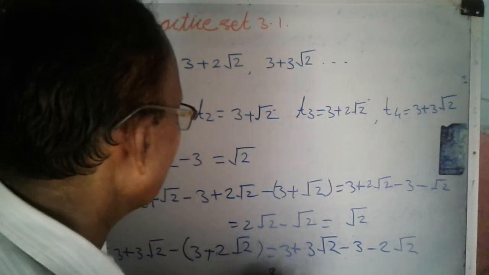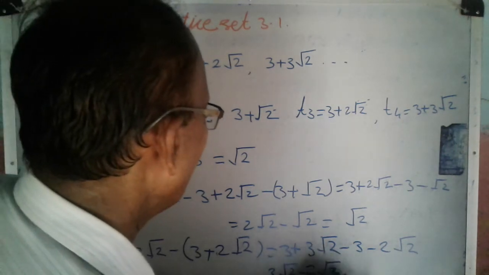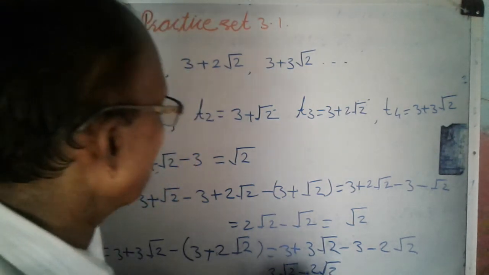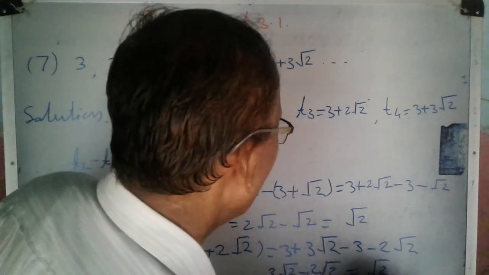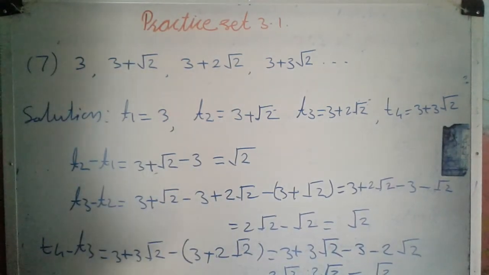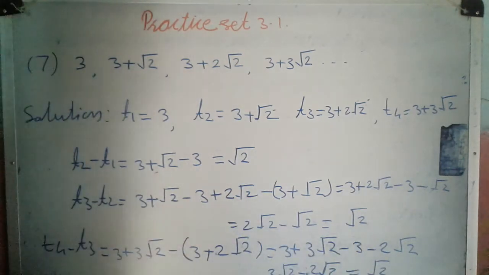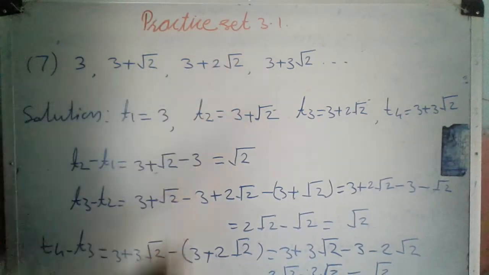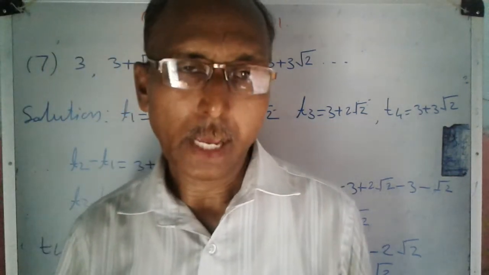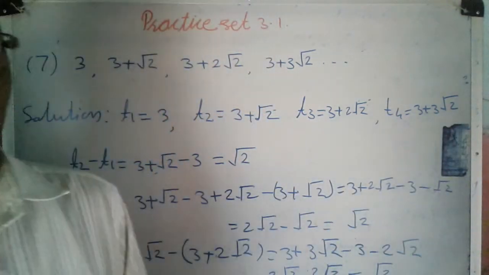Here we get 3 root 2 minus 2 root 2. 3 root 2 minus 2 root 2 we get root 2. Now here also difference is root 2. That means here common difference is constant, root 2, root 2, root 2. Therefore, the given sequence is AP and the common difference is root 2.